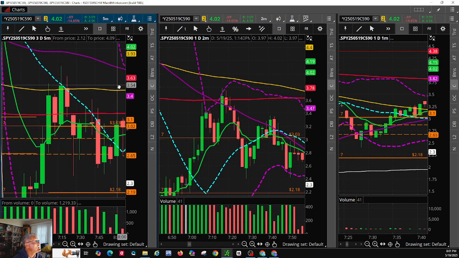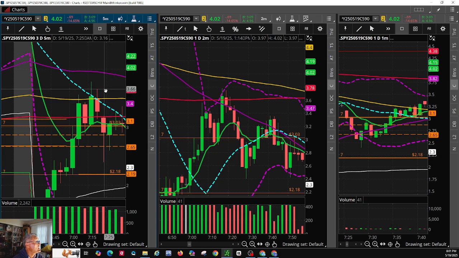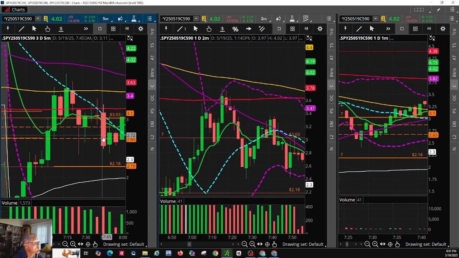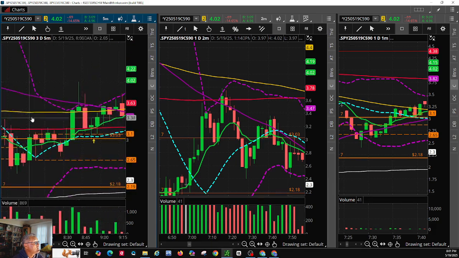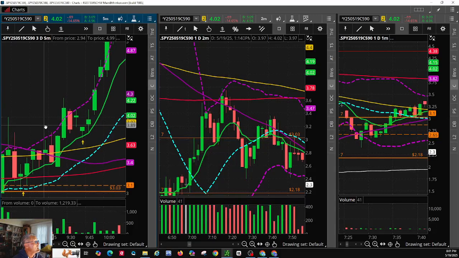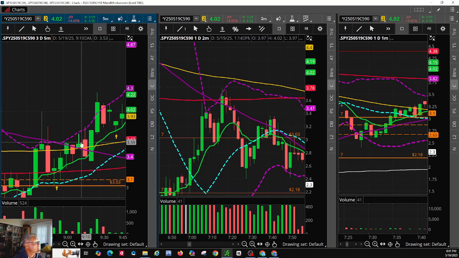Another reason is that here at 716 you have the 5 minute mid Bollinger Band coming down offering resistance. So this could be a trade off of the 5 minute mid here for a reversal.